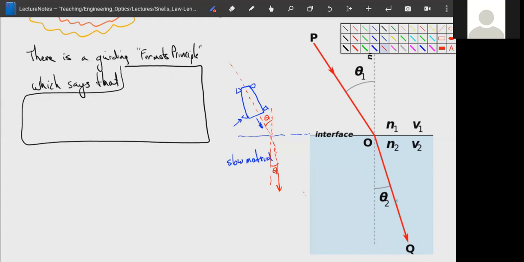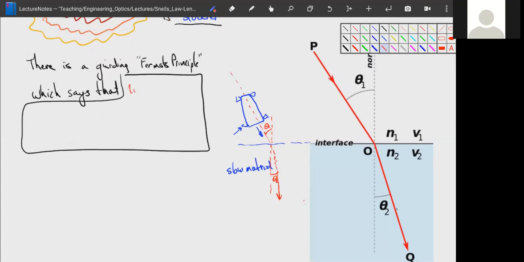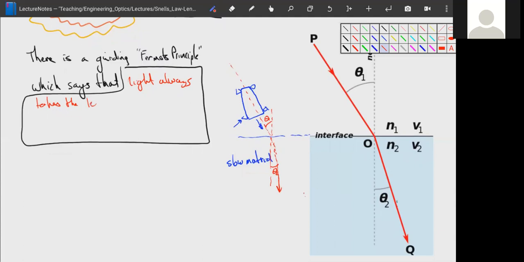There's something called Fermat's principle, which says that light always takes the path that takes the least amount of time to get to a point.